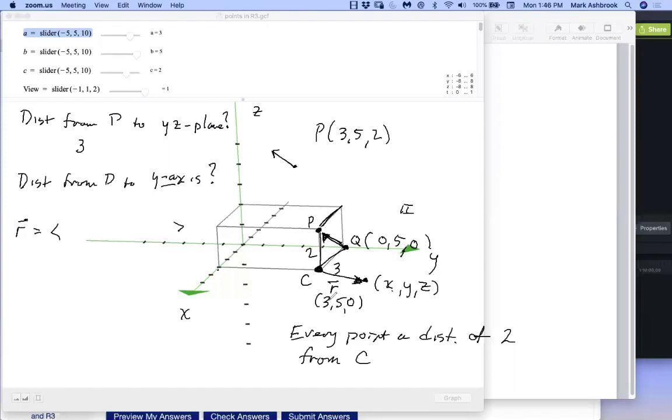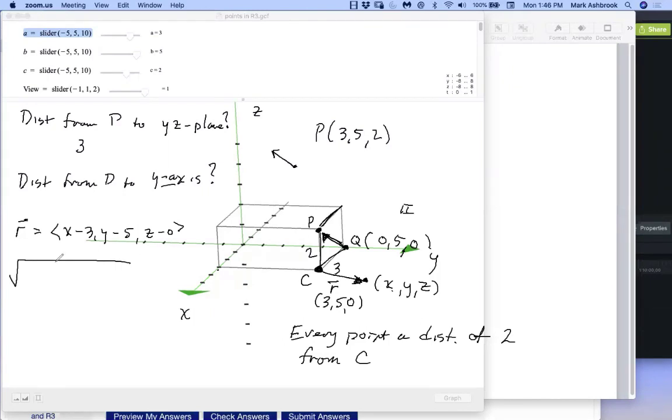Final minus initial, right? So it'd be x minus 3, y minus 5, z minus 0. That would be the vector from C to every point in space, x, y, z. And now I want to force that vector to have a magnitude of 2.